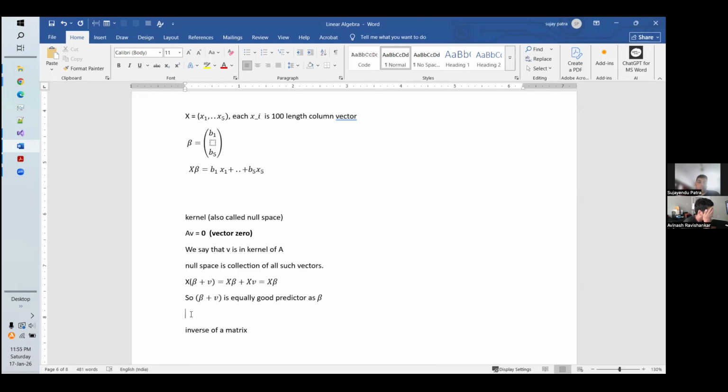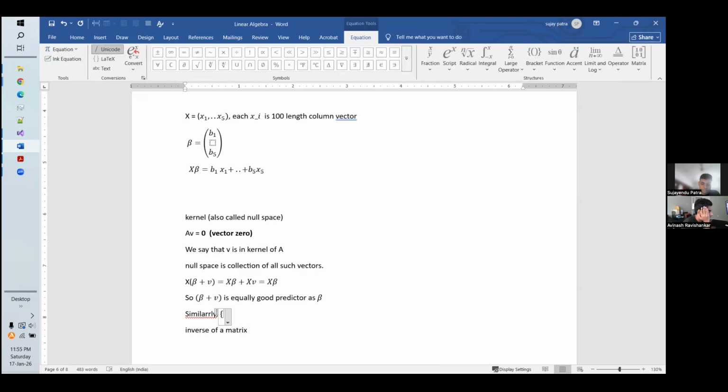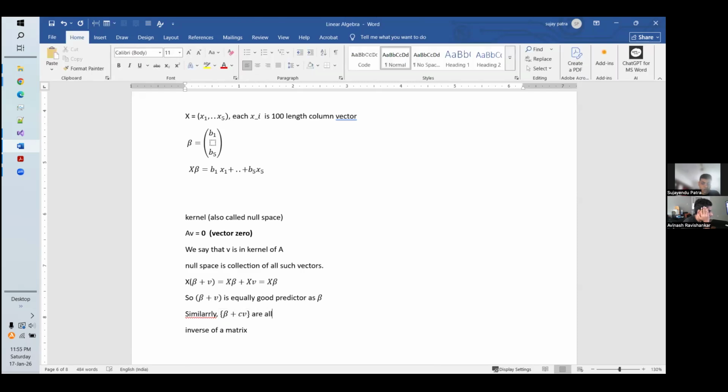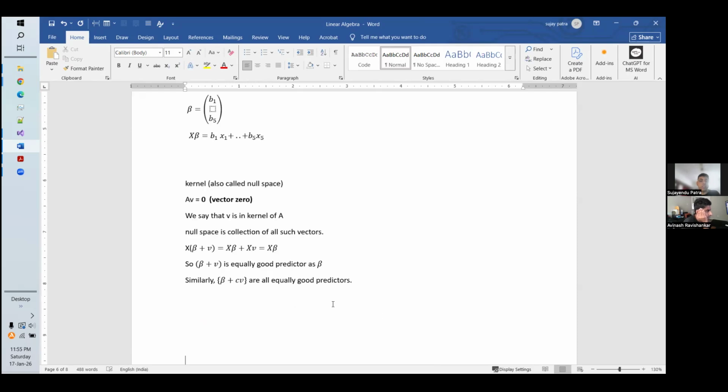So the problem is beta plus any cV, where c is a constant, are all equally good predictors. Yes, any constant. Basically, I have given you an infinite collection of predictors which are all equally good.